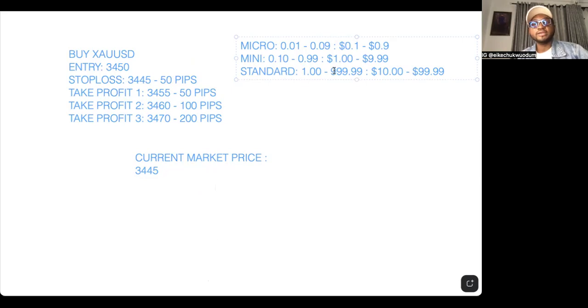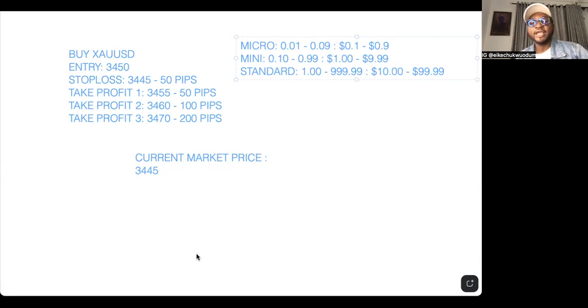And if you use a standard lot size, remember, that's why people you see using 1.0, their profit is usually fat, because 50 pips will give them $500 in one trade with a 1.0 lot size.